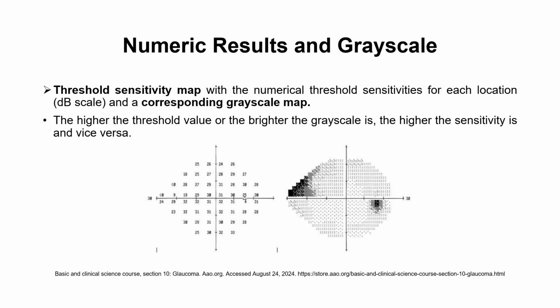The corresponding grayscale map should be used for patient education. The higher the threshold value, or the brighter the grayscale, the higher the sensitivity. So if you see blackish grayscale, it means the patient has low sensitivity.